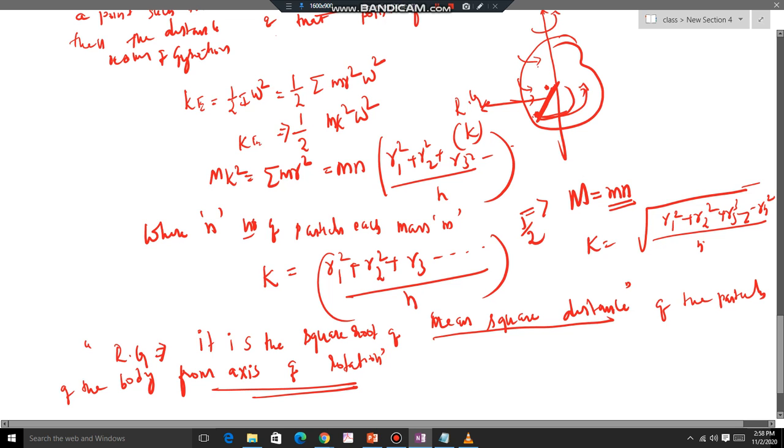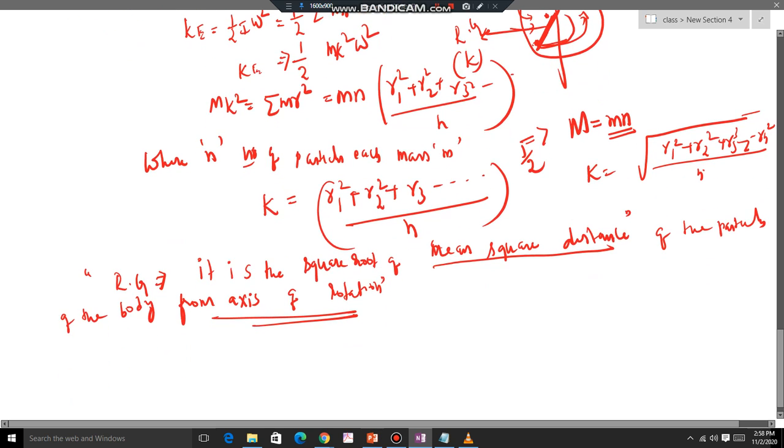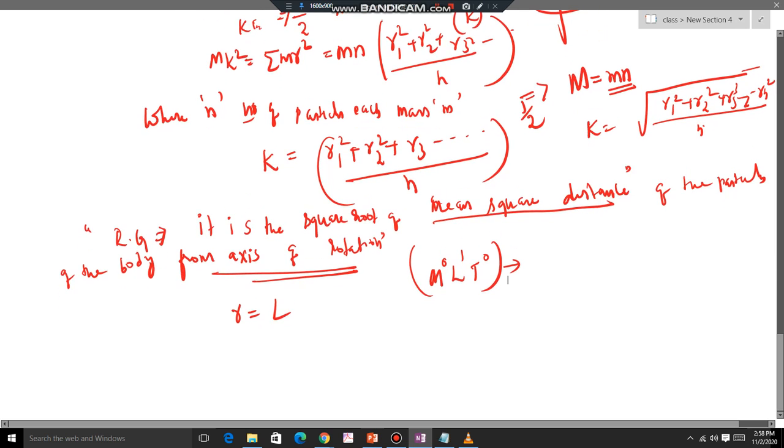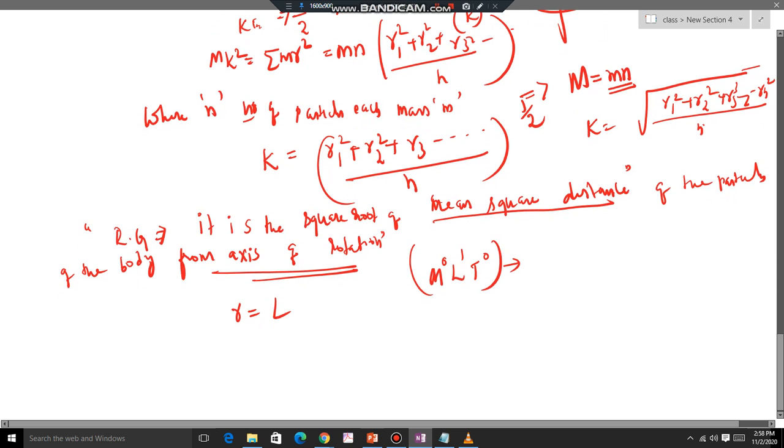Radius is nothing but length, so the dimensional formula for the radius of gyration is M0 L1 T0. Whereas the moment of inertia I is equal to m r square, so its dimensional formula is M1 L square T0.